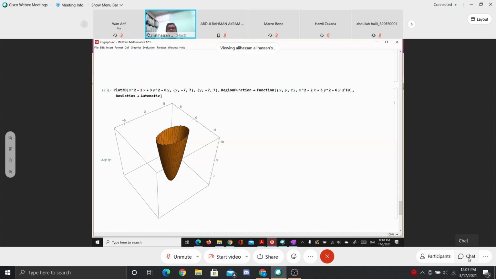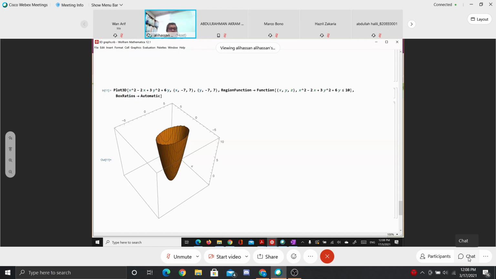I have specified the level curves z equal to k, with k less than or equal to 10, and to make sure that we have the same unit for the x-axis, y-axis, and z-axis. They are all using the same scale.